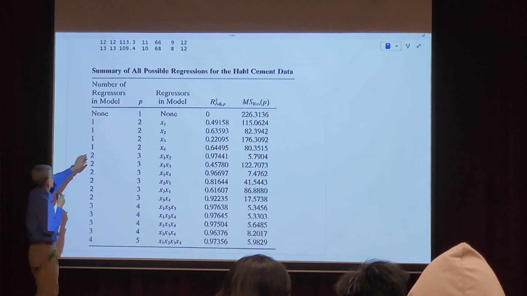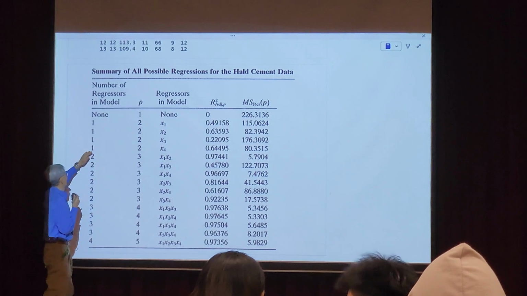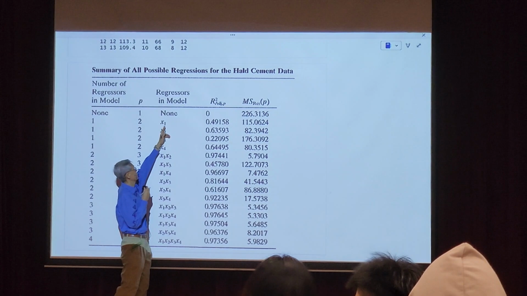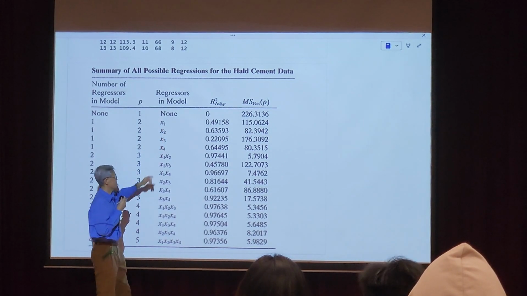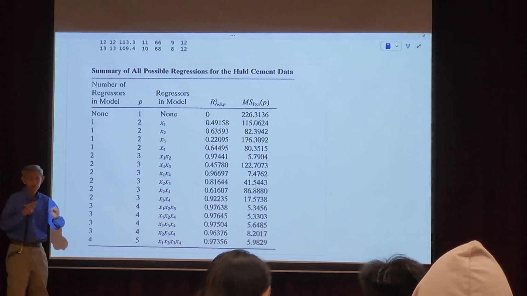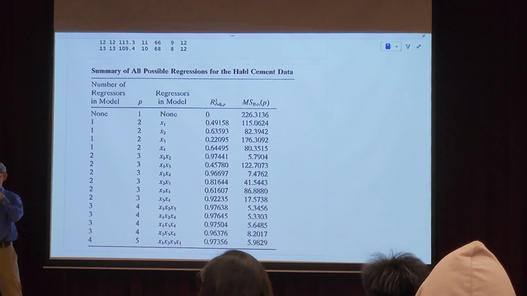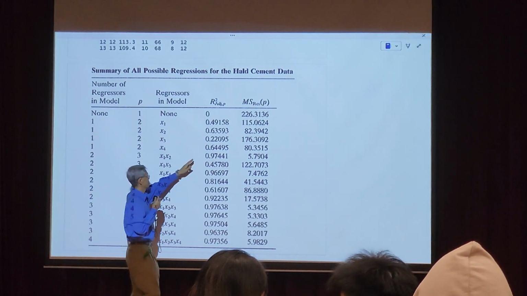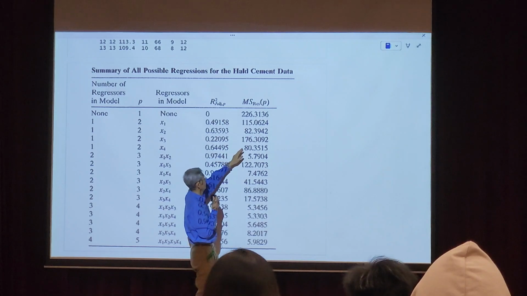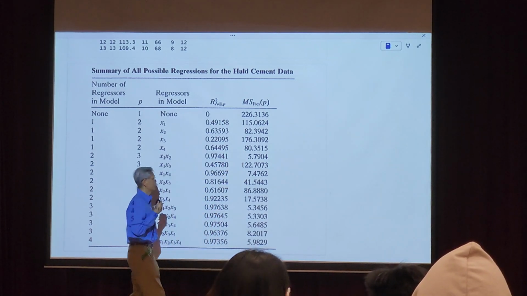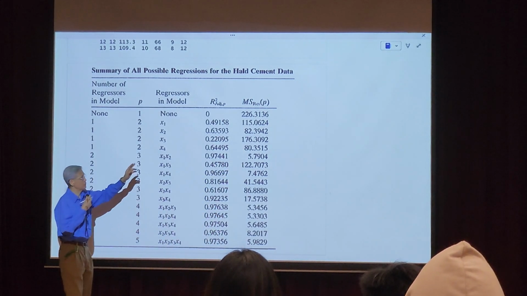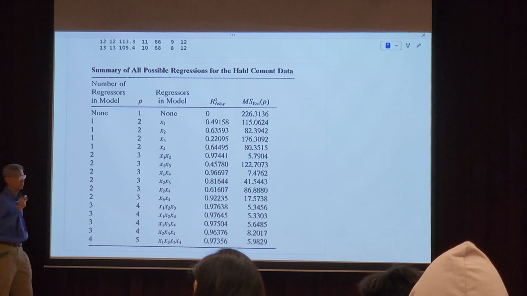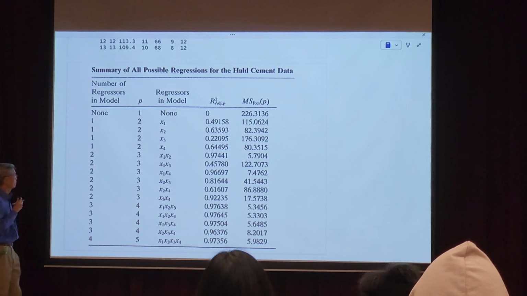And then you can consider one-regressor models. The next 4 are X1 alone, X2, X3, or X4 alone. So you fit each of these models and calculate the R squared and also the mean square residue, if you want to use mean square residue as the criterion for determining the best model.